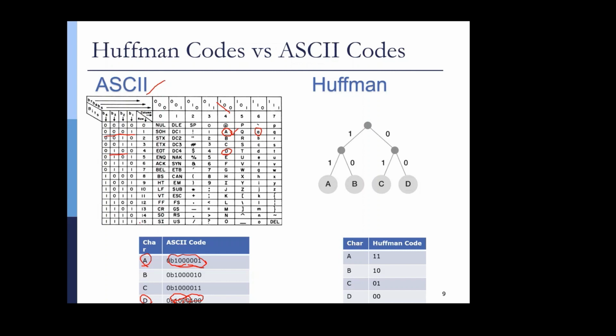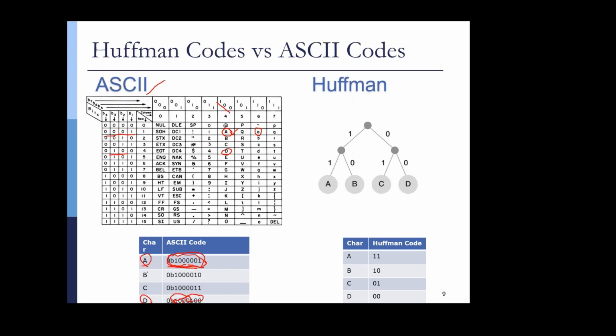But there is one disadvantage. You see here? A, B, C, D. They are made up of how many bits? 1, 2, 3, 4, 5, 6, 7. Actually, it's 8 bits. So 1 byte, 1 character. So ABCD is already taking 4 bytes, because 8 bits is 1 byte.